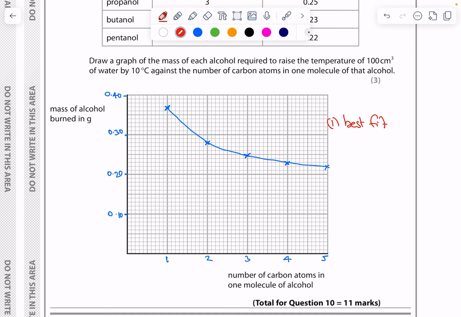Remember, it's got to be nice and smooth, like the one I've done here. Another mark if the points are correctly plotted, and another mark if the axis fills half or more of the graph. Okay, so 3 marks in your answer for this question.